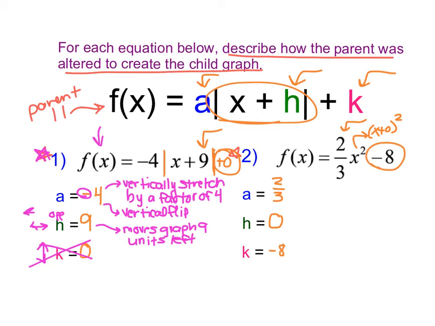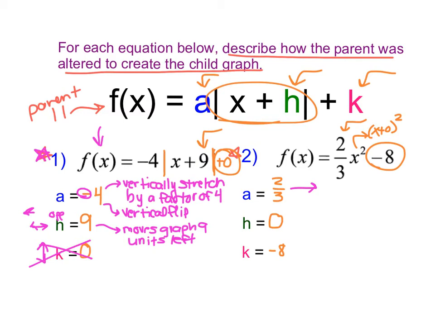So now that we've identified our a, h, and k values, we can move on and we can talk about how the parent function is going to be altered in order to create this graph. So our quadratic parent function first is going to be altered by this a value here. And this a value is positive, so there's no flip happening this time around. But this time around, a is equal to 2/3, which is less than 1.